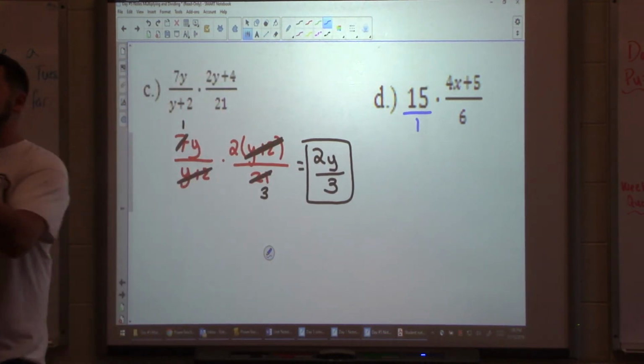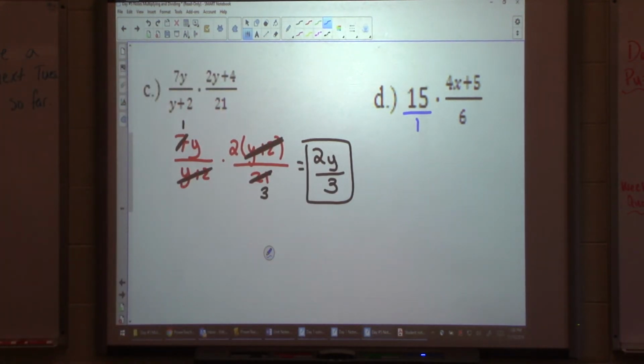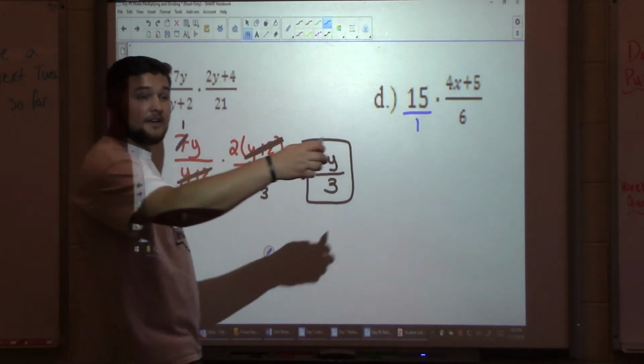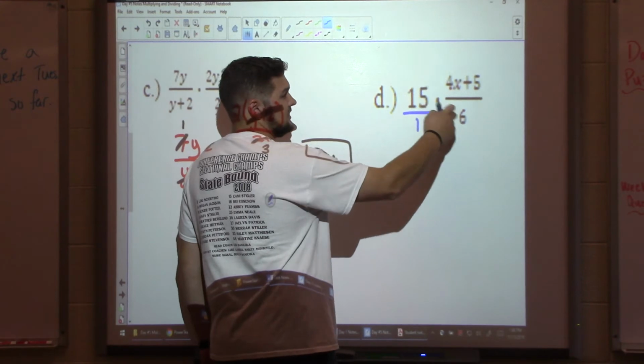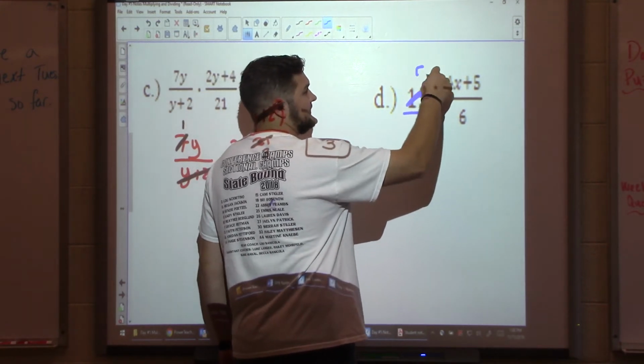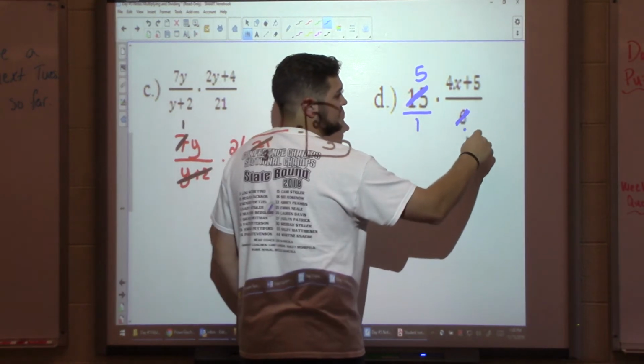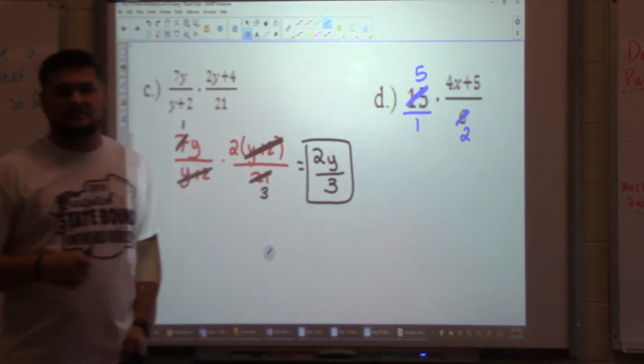Now it looks like a fraction times a fraction. That makes it way easier, right? Do I have anything in the numerator and denominator that have a common factor? We have a common factor of 3, right? In our 15 and our 6. So I'm going to take a 3 out of here, I'm left with 5. Take a 3 out of 6, I'm left with 2.